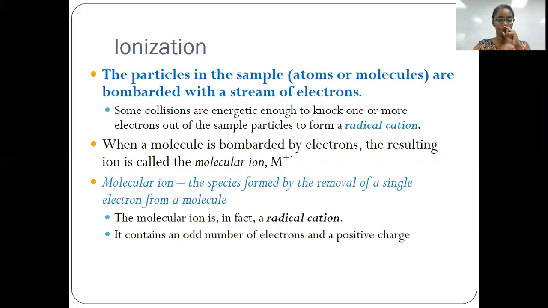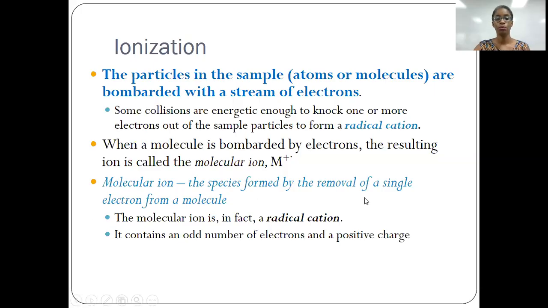So in the ionization chamber, the removal of the electron allows for an unpaired electron to be left behind and a charge, positive charge, to be on the ion. This is the molecular ion, and your molecular ion is the molecule minus an electron, which means that it has the exact mass of the sample that you've put into the substance. So by definition, this is what your molecular ion is.